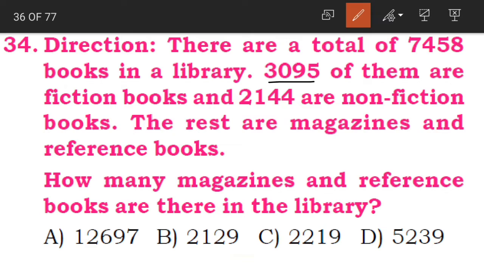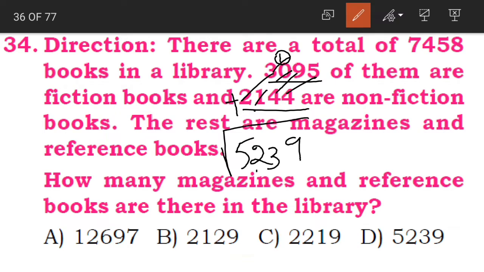See, first let us find out the total number of fiction and non-fiction. 3095 plus 2144. 5 plus 4 is 9. 9 plus 4 is 13. 1 carried. 1 plus 0 is 1. 1 plus 1 is 2. 3 plus 2 is 5. 5239. What is this? This is fiction plus non-fiction.